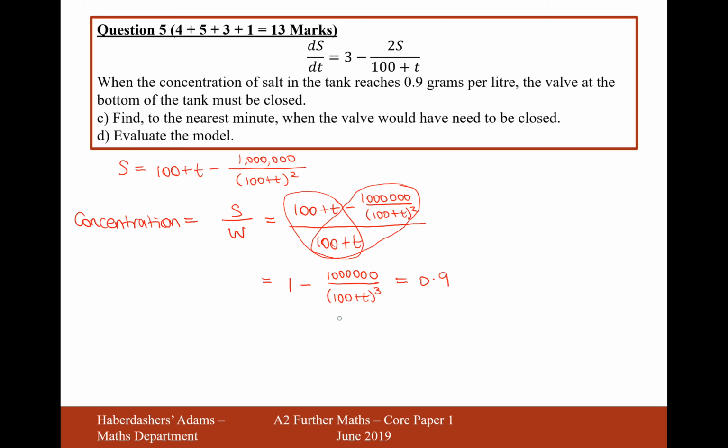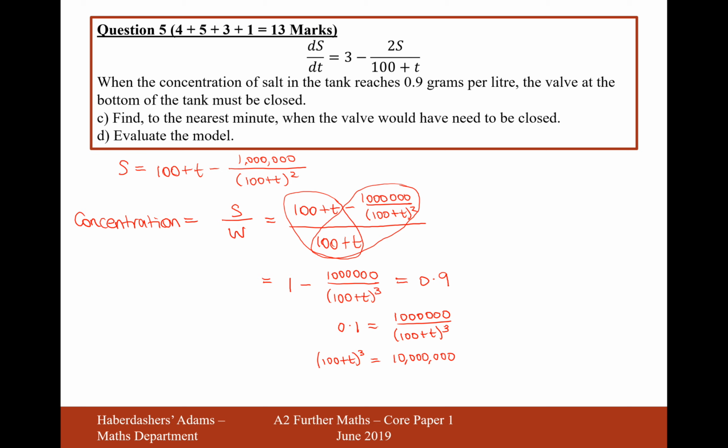So what I'll do is I'll move a few things onto the other side, and I'll get 0.1 equals 1 million over (100 + t)^3. So therefore, if I now divide that onto the other side and times by 10 onto the other side, I'm going to get (100 + t)^3 equals 10 million now. I don't think I've seen such a big useful number in a maths problem in ages.